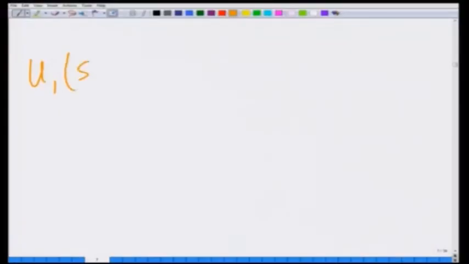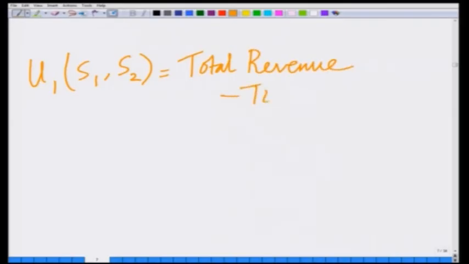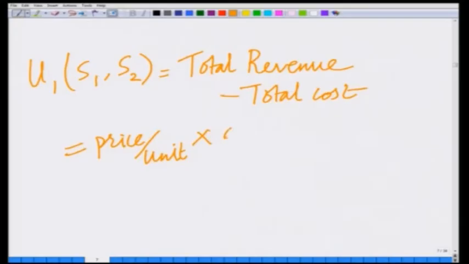And therefore, now the payoff for each firm can be obtained as follows: U1 of S1 comma S2 equals total revenue minus total cost. Total revenue is the price per unit times the number of units.